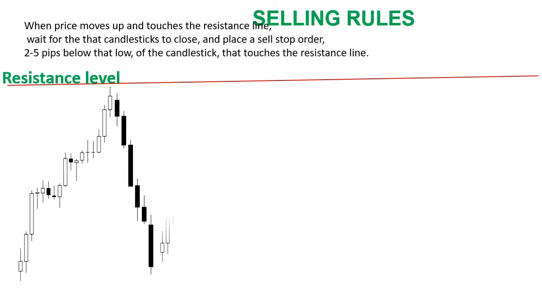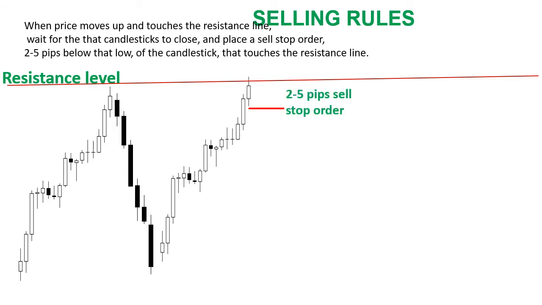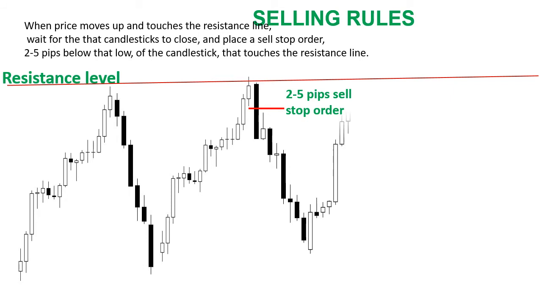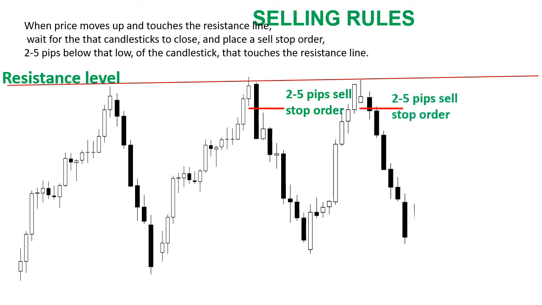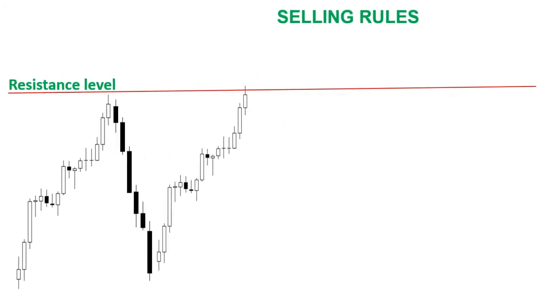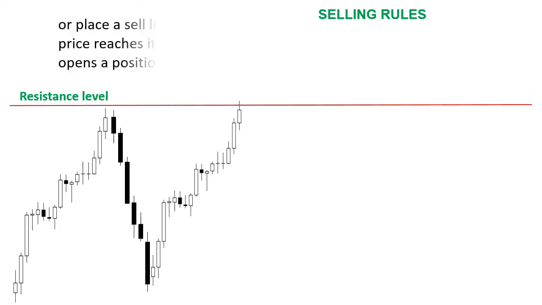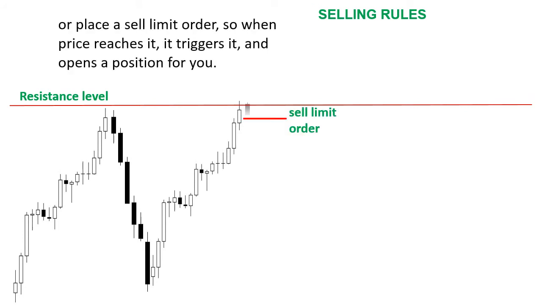When price moves up and touches the resistance line, wait for that candlestick to close, and place a sell stop order 2 to 5 pips below the low of the candlestick that touches the resistance line. Or place a sell limit order, so when price reaches it, it triggers it, and opens a position for you.